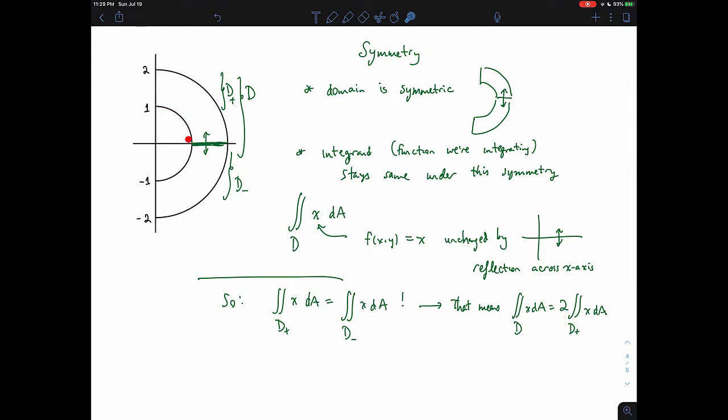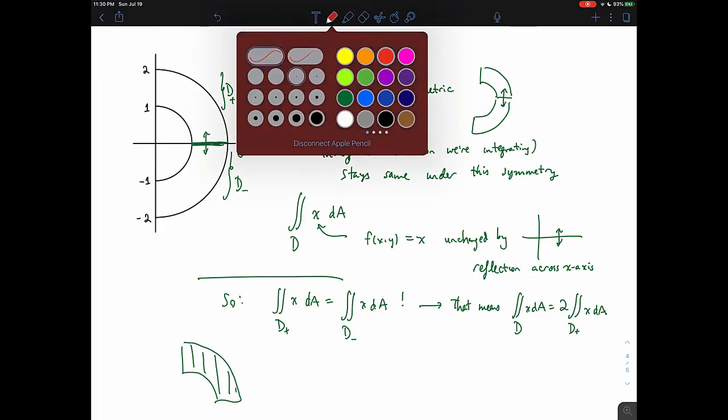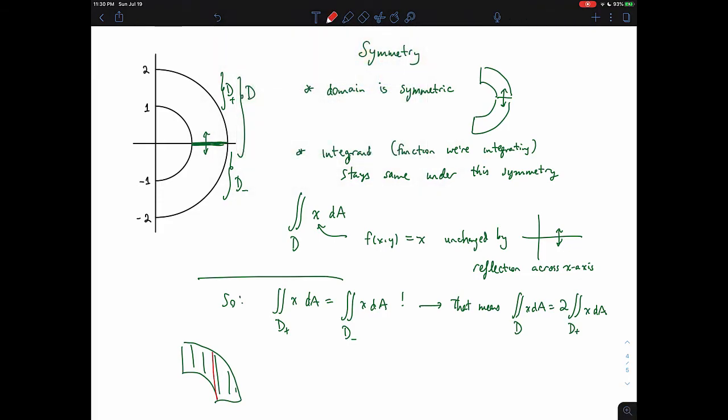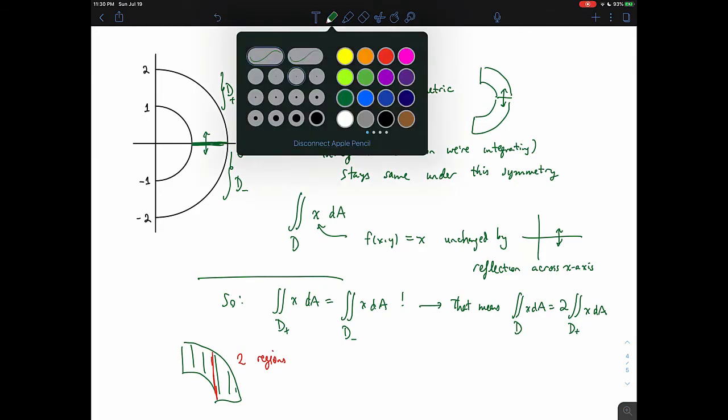Now, even this D plus is still a little bit of a funny shape, but it's simpler than what we've been working with. So we could slice vertically, and we would only need two regions instead of three that we did in the first segment of this video.